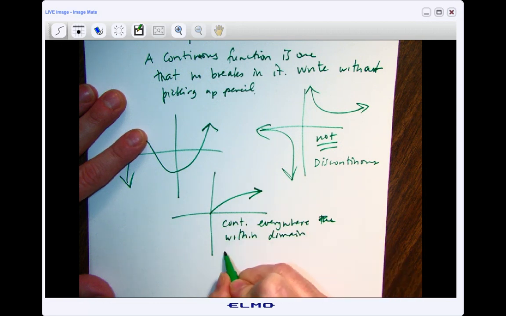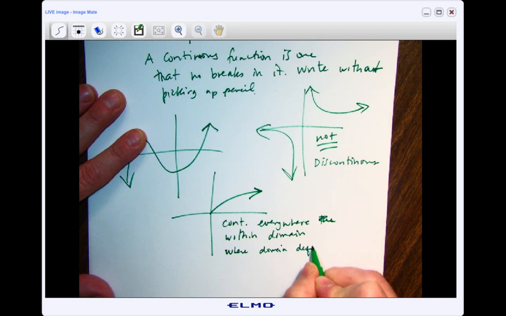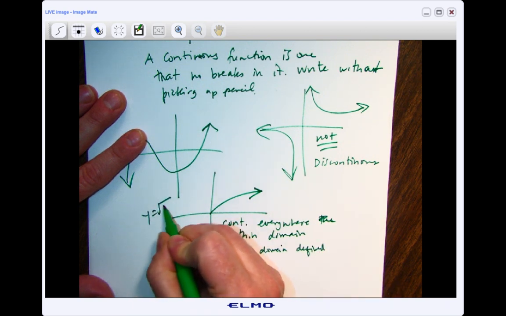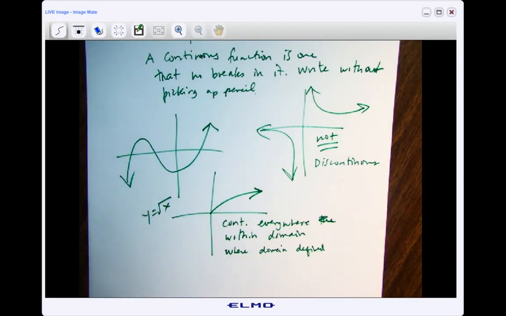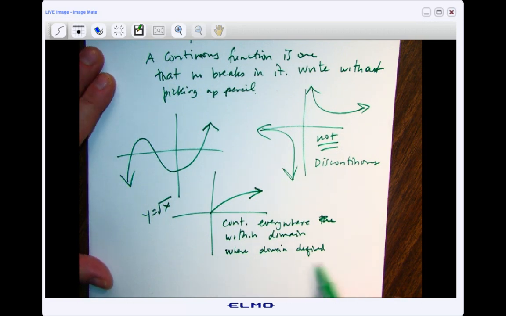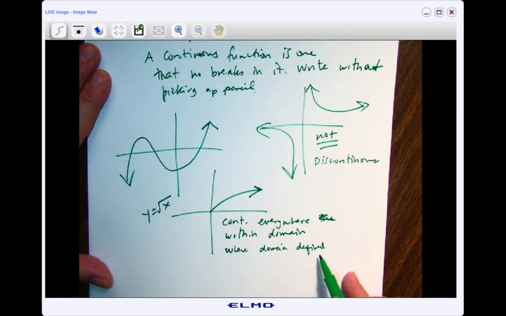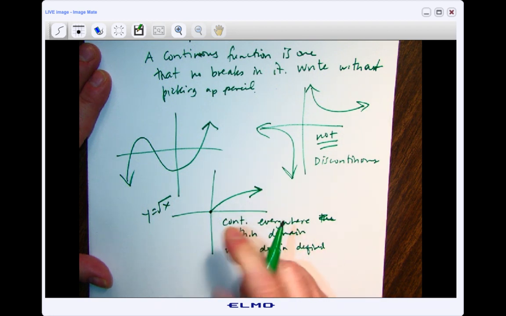So if you had y equals the square root of x, the numbers I can't put in would be -1, -2, -3. The only thing is, there is one place where the domain is defined that it probably wouldn't be considered continuous, which is right here at the endpoint.